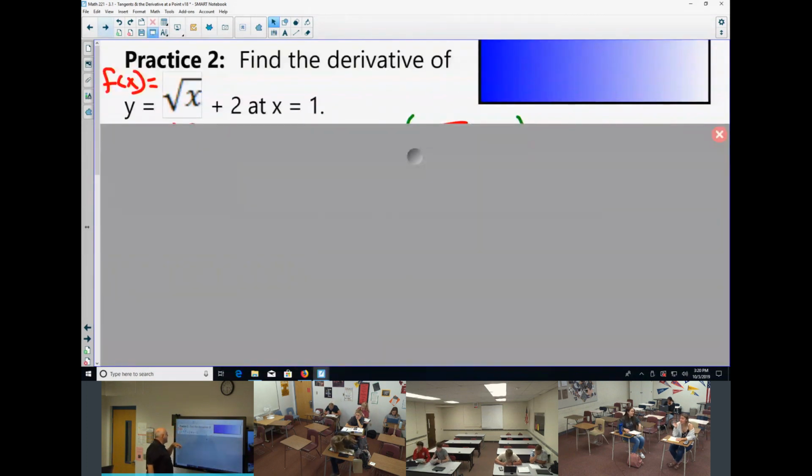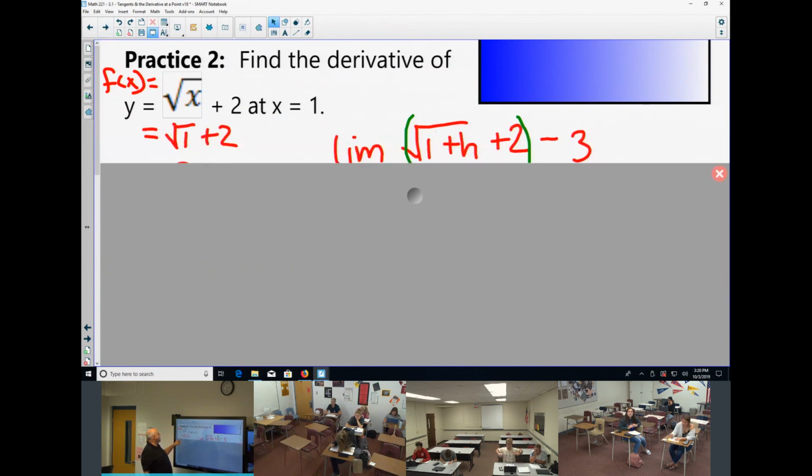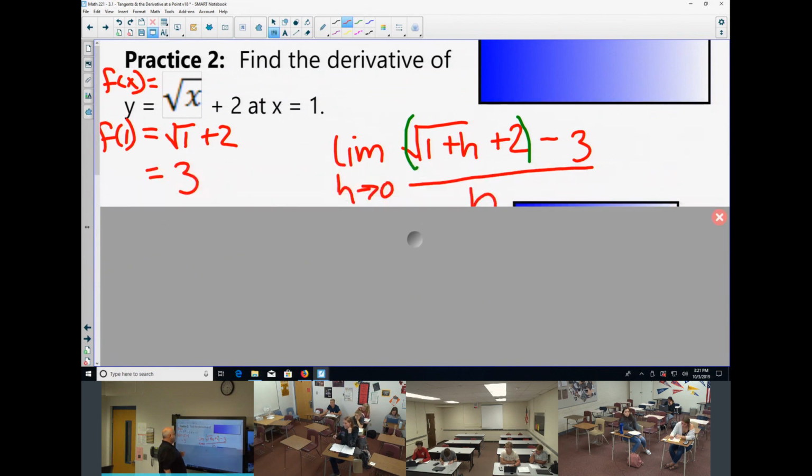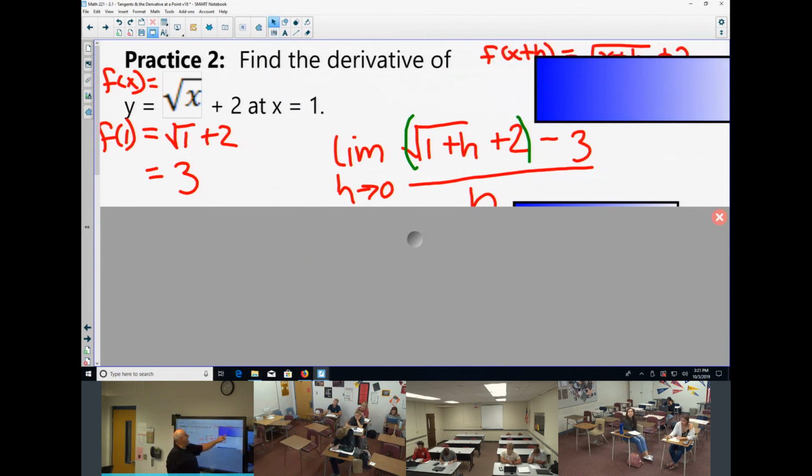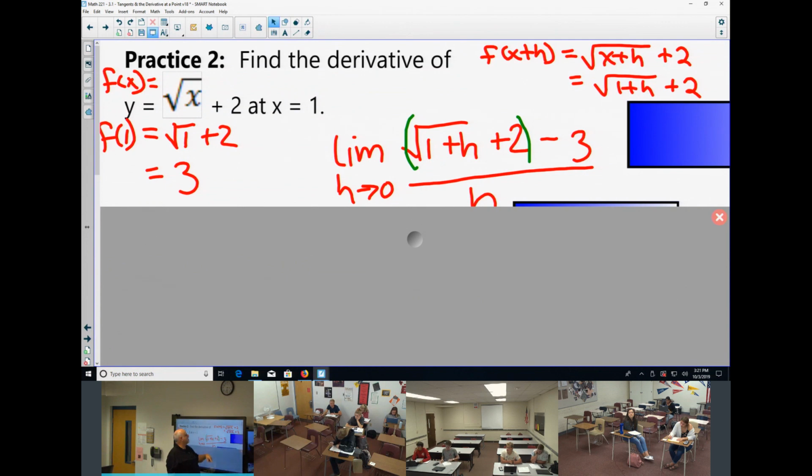Okay, so here where you have y equals radical x, think of that as your f of x. And now if you plug in 1 from the beginning, then the f of 1 would be square root of 1 plus 2. So that's 3. So the f of 1 is 3. And then the f of 1 plus h, okay?